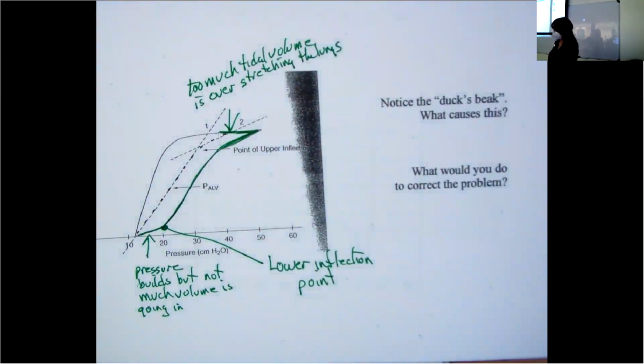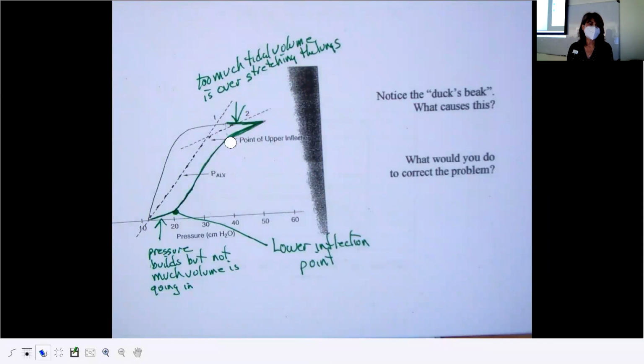So let me explain why it looks like a duck's beak. After most of the tidal volume goes in, at this point, the lungs are full. So pushing in more volume is really stretching the lungs and causing a lot of pressure to build up.